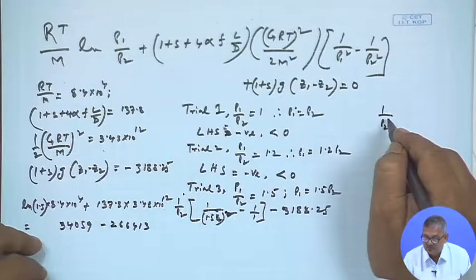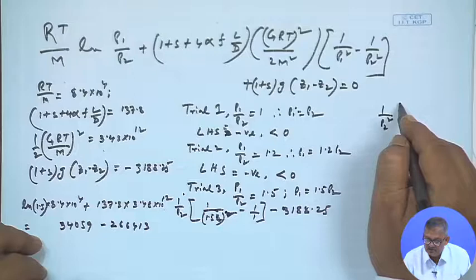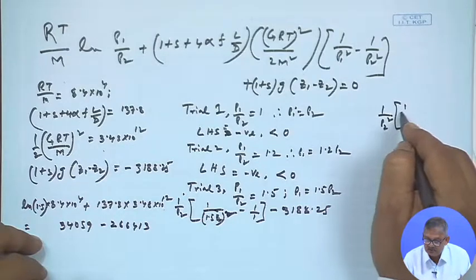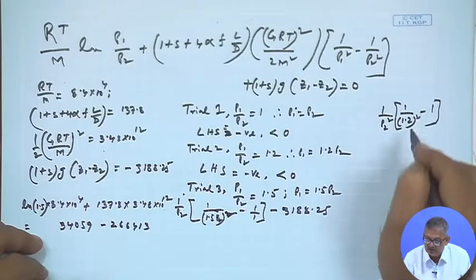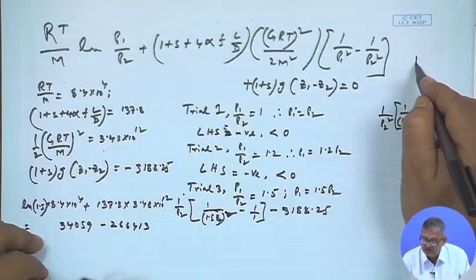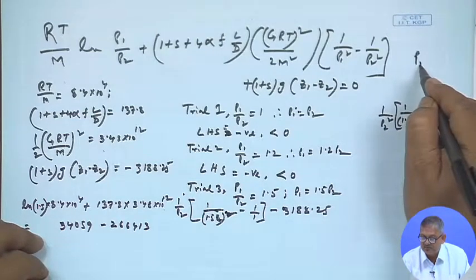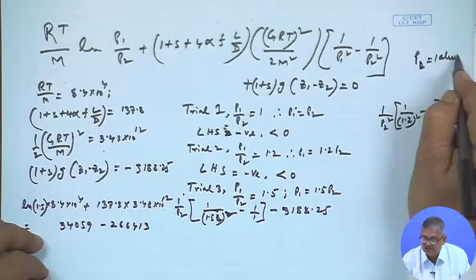So 1 by P2 square, that is into this 1 by 1.2 square minus 1, right? So when we are taking P2, P2 is given as 1 atmosphere, right?